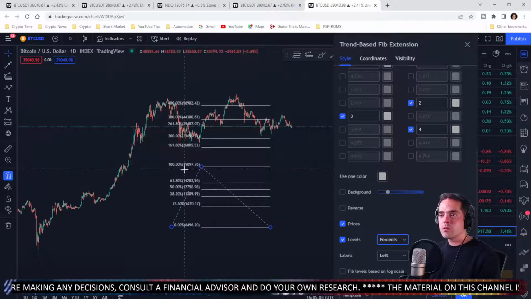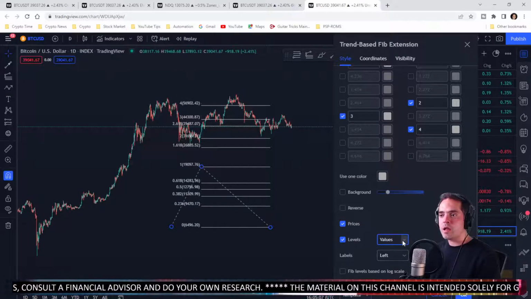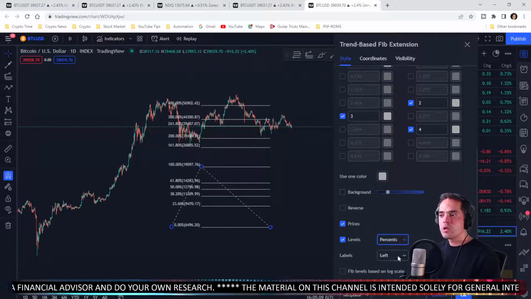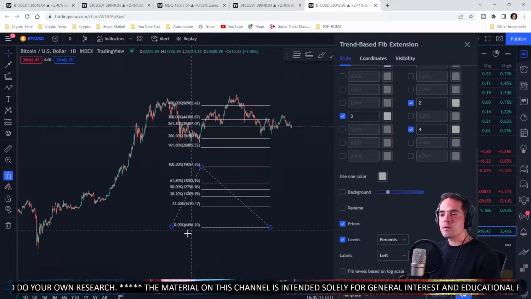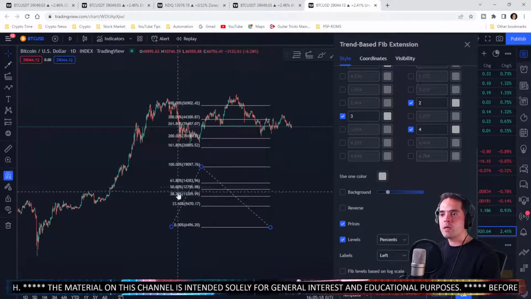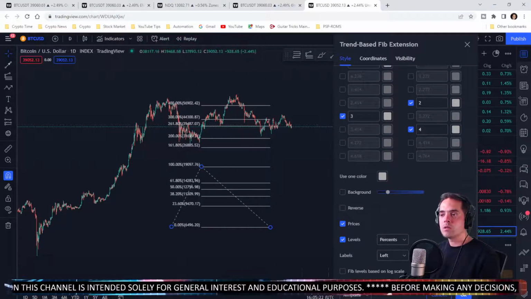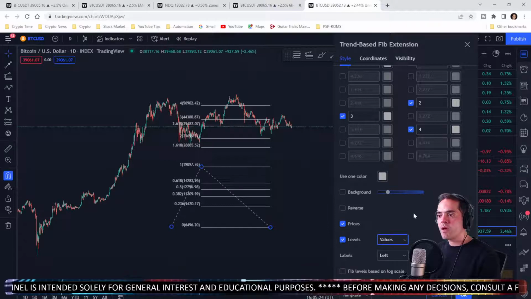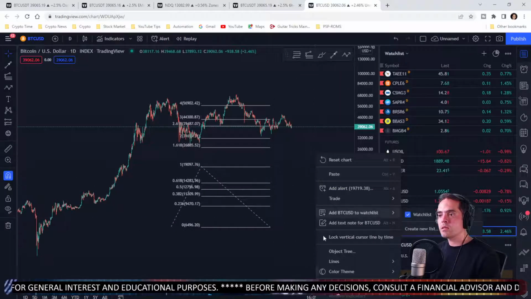As you can see, change the Fibonacci values or levels to percentages. Okay, so that represents the extension of the next move. If it will be, let's say, 50%, 100%, so on. I'm gonna keep values, and click OK.